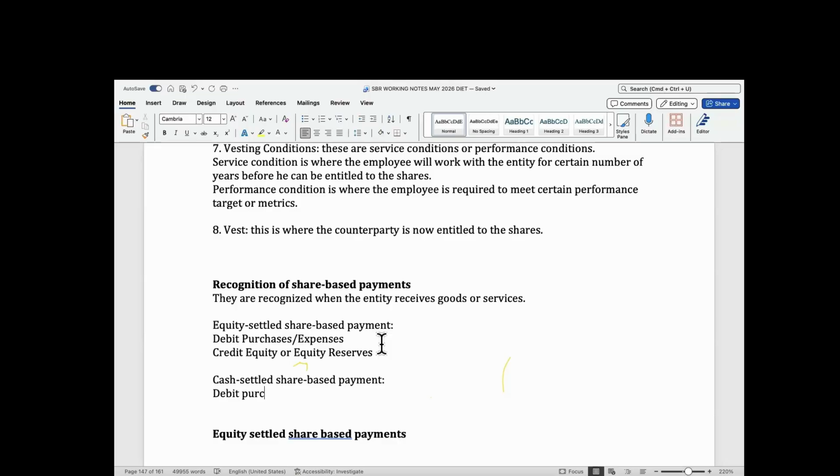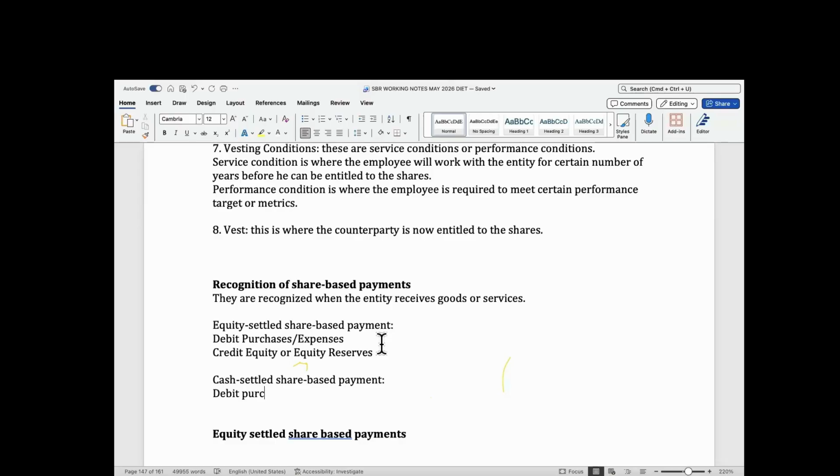Whatever it is, that is the transaction price. We already learned in IFRS 15 that it can be non-cash consideration. So this is an example of where the transaction price is a non-cash consideration. But we're not looking at that. We are looking at the buyer now, the person giving the shares or share options.